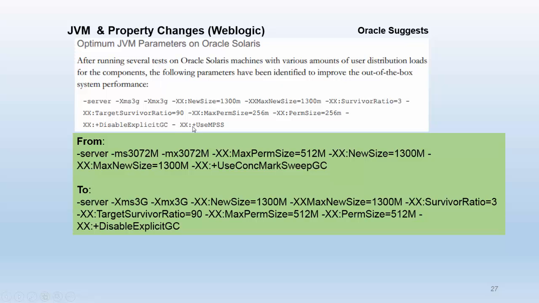The only parameter that I could not translate is UMPSS, because that's specific to Solaris. Other than that, I could translate as many as I can, because Oracle had already done a lengthy performance tuning for Agile on a Solaris box.